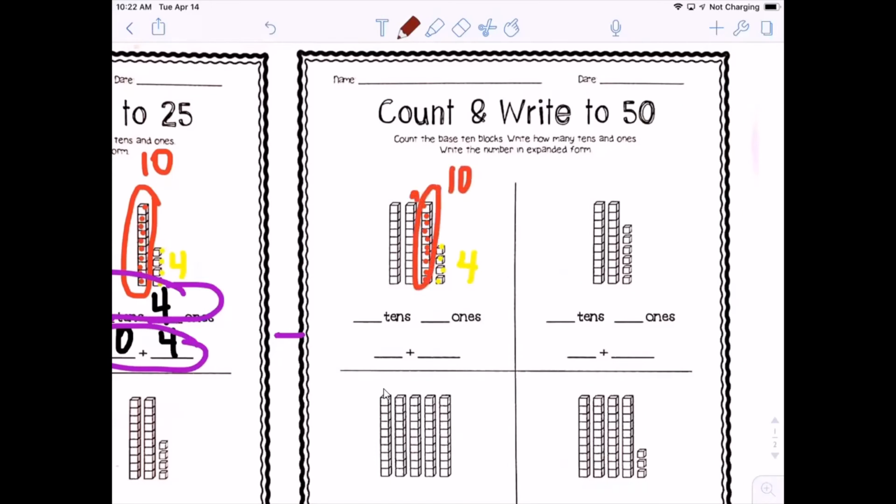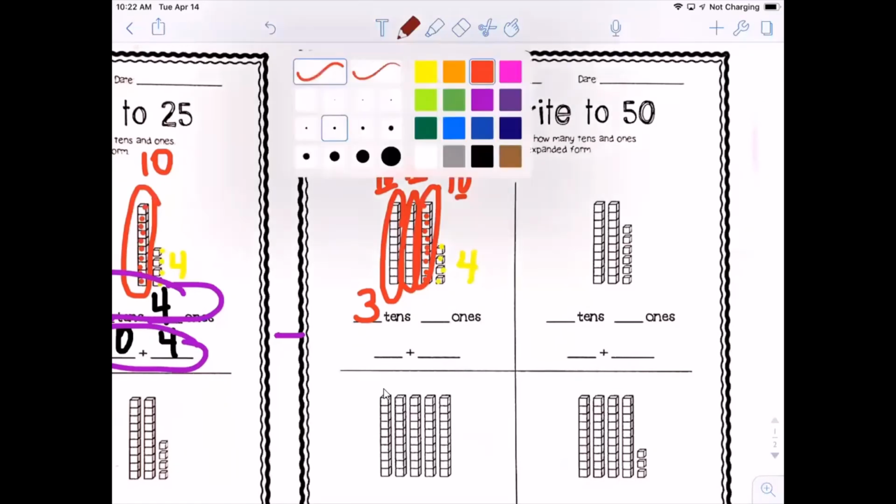Then this would be another group of 10. I write 10. And this would be another group of 10. I write 10. So how many groups of 10 do I have? 3 groups of 10. I have 1, 2, 3. And I forgot to change the color.